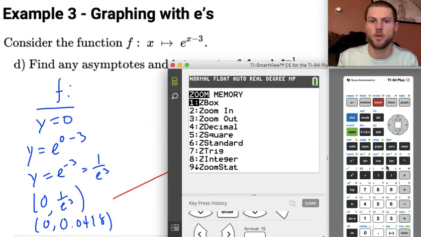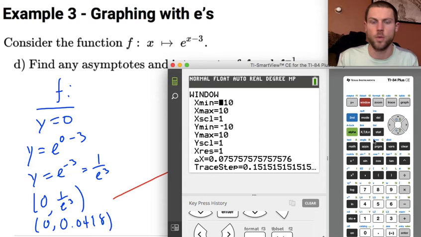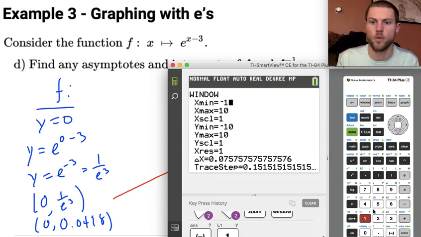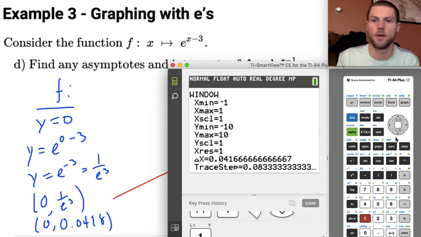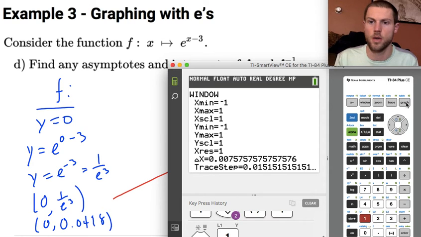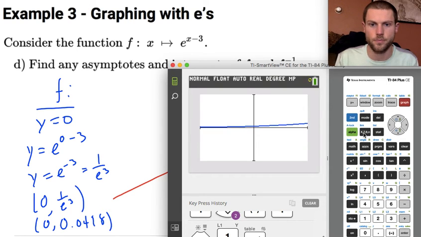So you know what I might need to do? Let's change my window to get a little bit closer to this thing. Let's make my x-min from -1 to 1, and my y values from -1 to 1 as well. We're going to get real tight in on what's going on around the origin here.